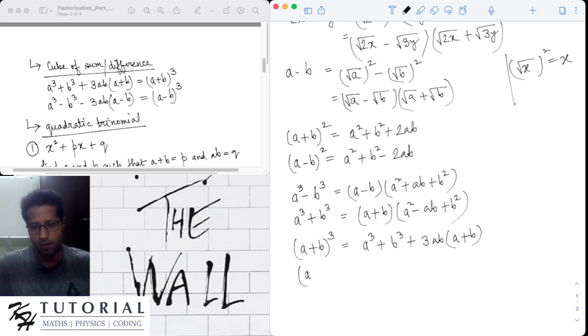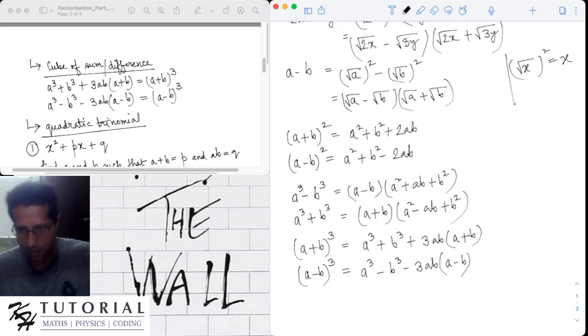Similarly, a minus b whole cube is the factorization of the polynomial a cube minus b cube minus 3ab multiplied by a minus b. You have learned this as an algebraic identity in your previous chapter, but it can also be applied to factorize polynomials on the right hand side of the equality sign. So this was cube of sum or difference.